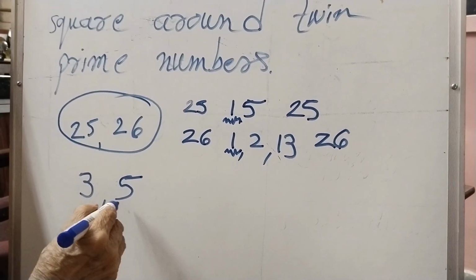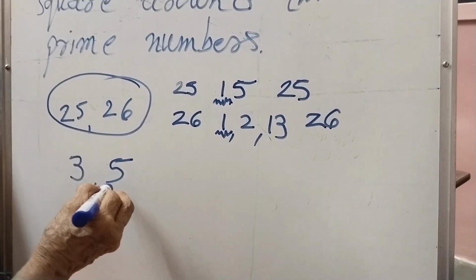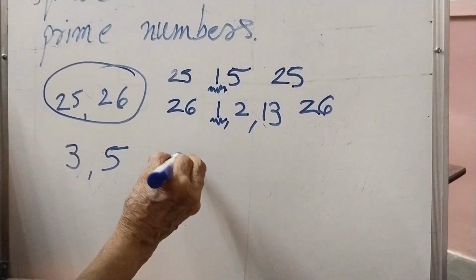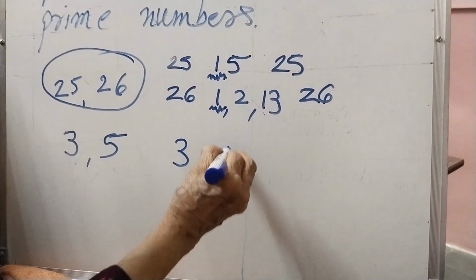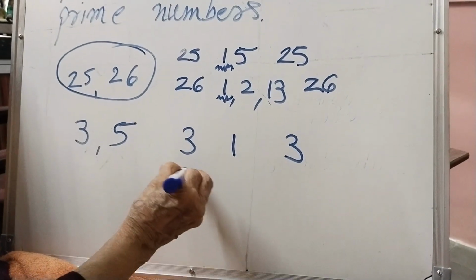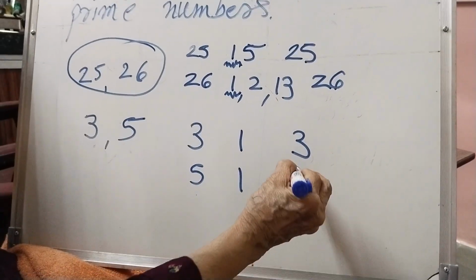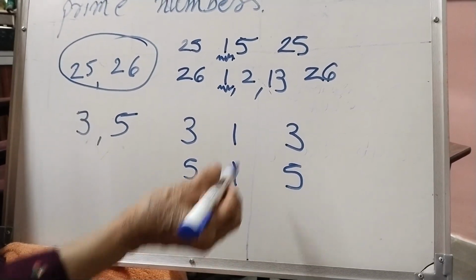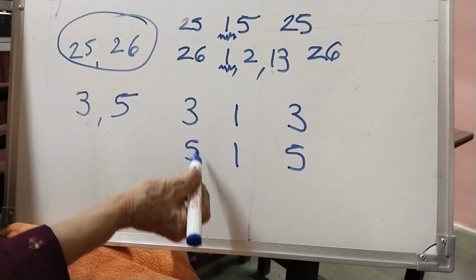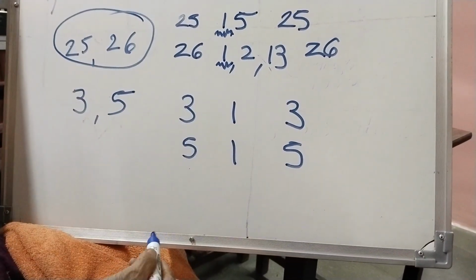Now 3 and 5. There is a difference of 2, and secondly we can see that 3 has got 1 and 3 as factors, and 5 has got 1 and 5 as factors. So each one is having 2 factors.